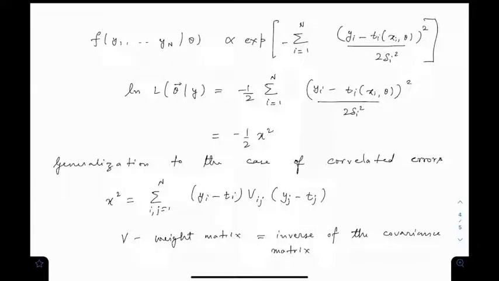And maximizing likelihood is again equivalent to minimizing chi-square if the errors are normally distributed. The sum chi-square is not invariant against a non-linear variable transformation. We go from y to y prime.